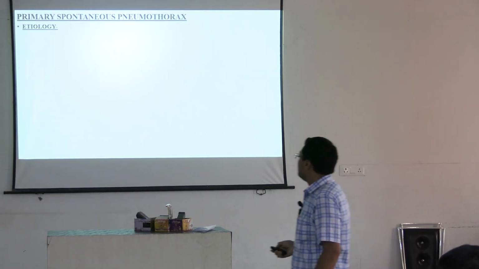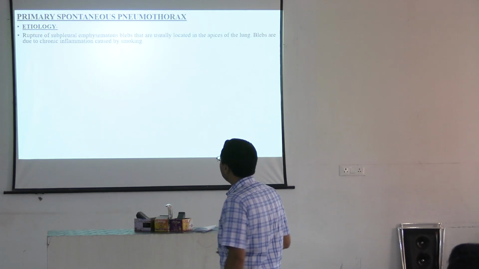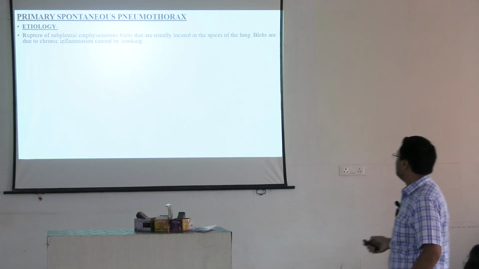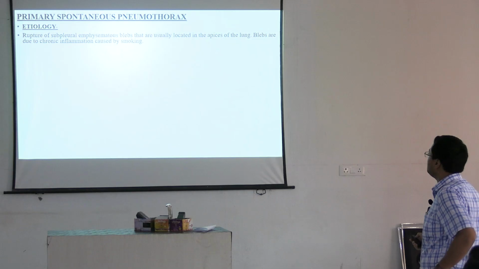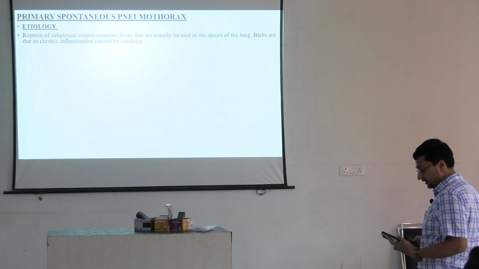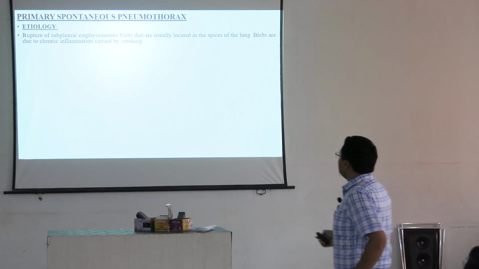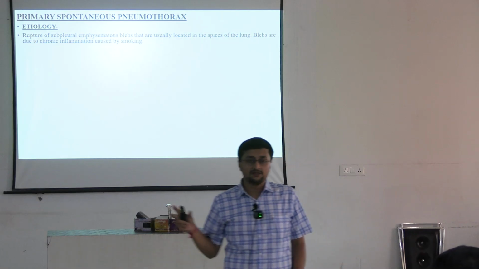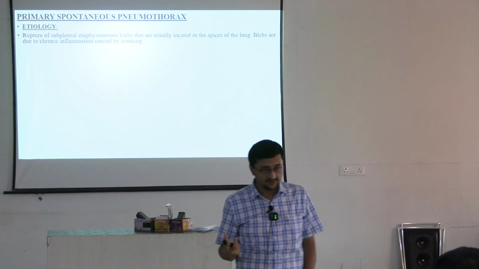So, primary spontaneous pneumothorax etiology is rupture of the subpleural emphysematous bleb at the apices of the lung, and there are probably different types of mechanism of forming a bleb.